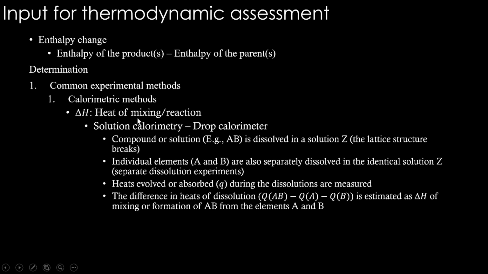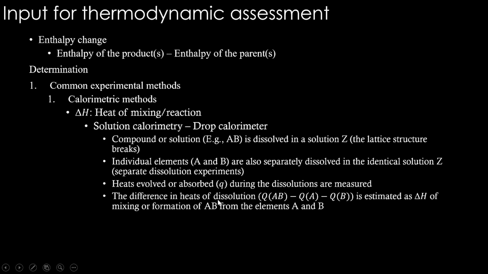Okay, then we have heat of mixing coming from solution calorimetry or drop calorimetry, where a compound, AB, let's say, is directly taken and dissolved in another solution. Okay, and the lattice structure of it breaks. The structure of this compound breaks when it dissolves into the other solution. Individual elements A and B are also dissolved into the same solution, let's say Z. These are separate dissolution experiments, and the heat evolved or absorbed during the dissolutions of AB, A and B is measured separately.